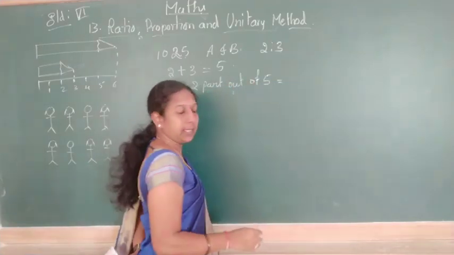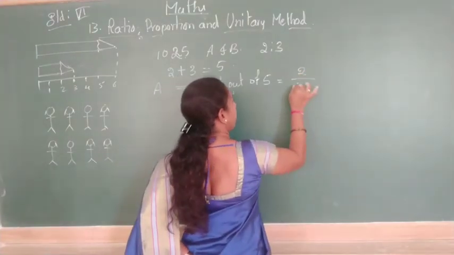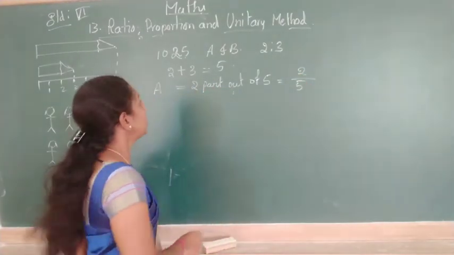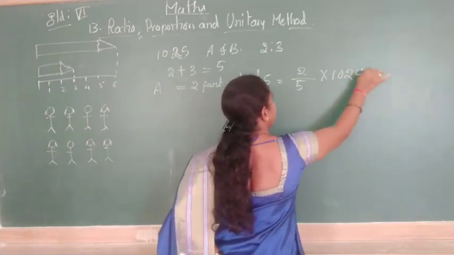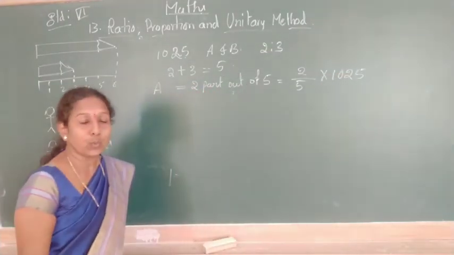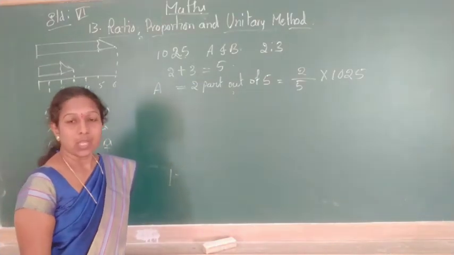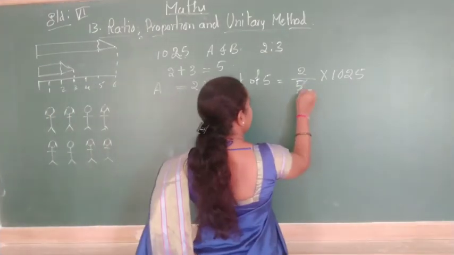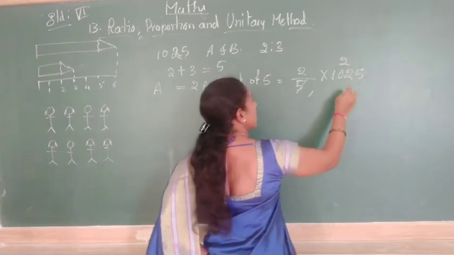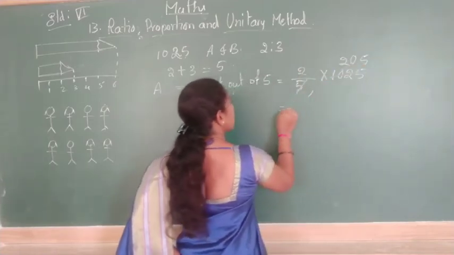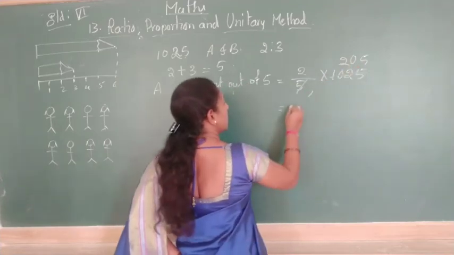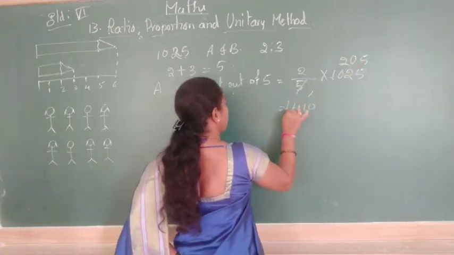How can I write this? 2 by 5. So what is the total amount here? That is 1025. So I will write it like this, into 1025. If I do the cancellation, I will get 5 ones are 5, 5 twos are 10, 5 fives are 25. So the amount is 205 into 2, which is 410 rupees.